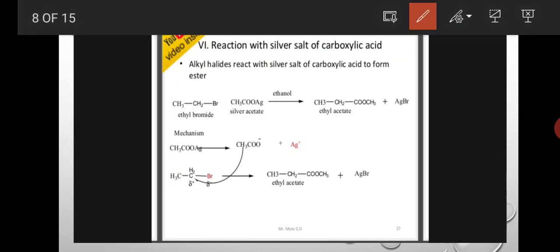Here the reaction is ethyl bromide, CH3CH2Br, reacting with silver salt of carboxylic acid, silver acetate, CH3COOAg, in the presence of ethanol, and it is converted to ethyl acetate, CH3COOCH2CH3, plus AgBr, silver bromide.